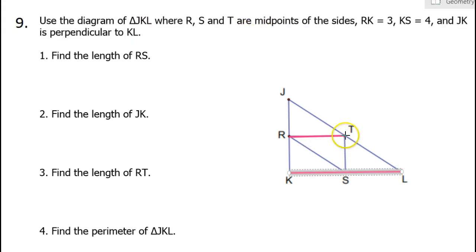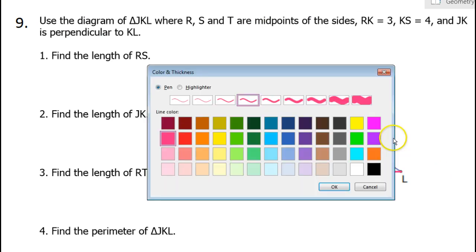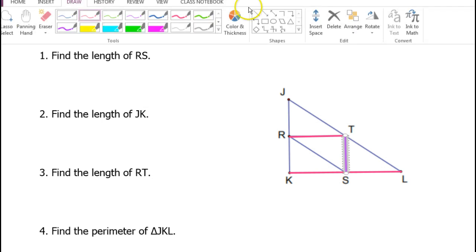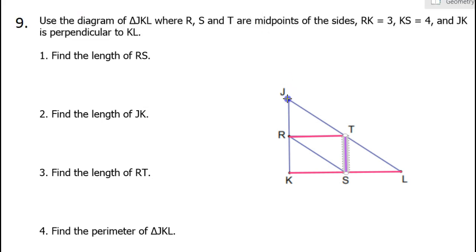Meanwhile, TS, we will do in purple, and that is parallel to JK.